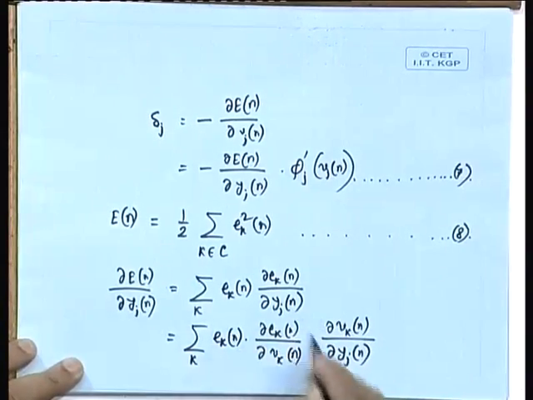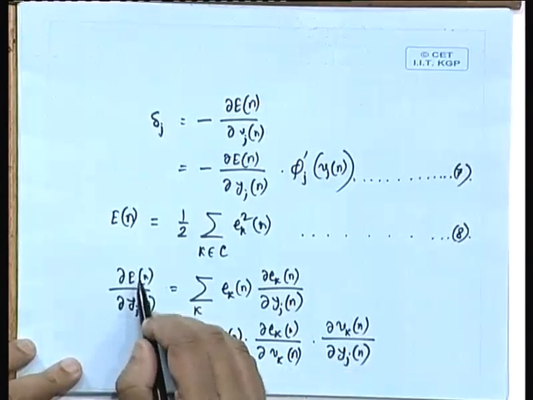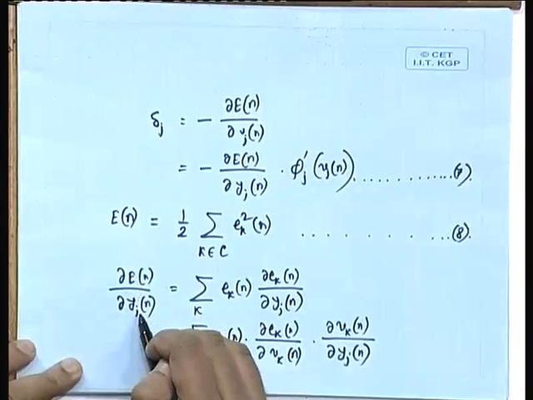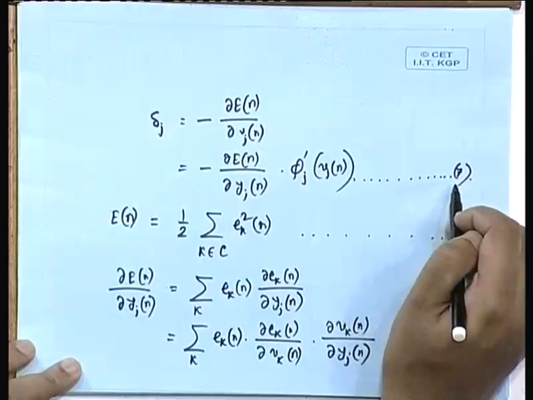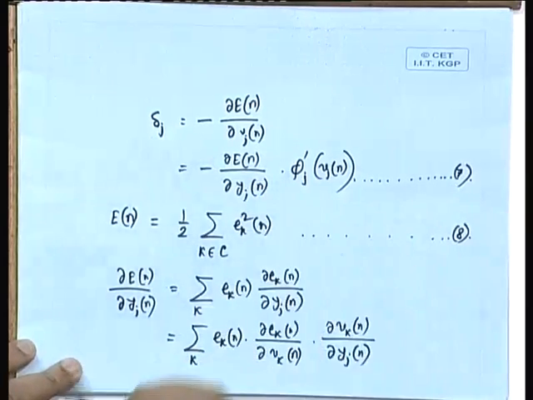We should be able to compute dou Ek dou Vk very easily, and then we will be in a position to calculate dou E dou Yj. If we calculate dou E dou Yj, we will go back to equation number 7 and we will be calculating delta J. And what is delta J?